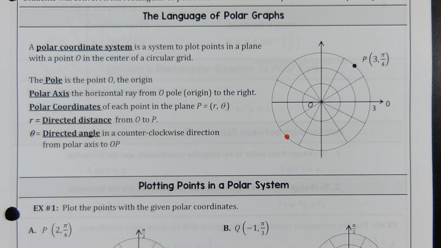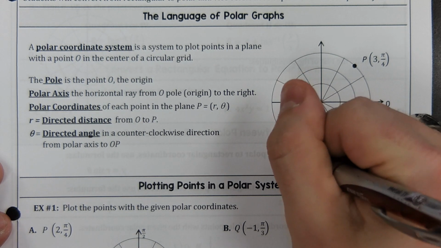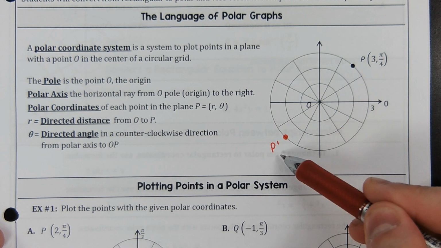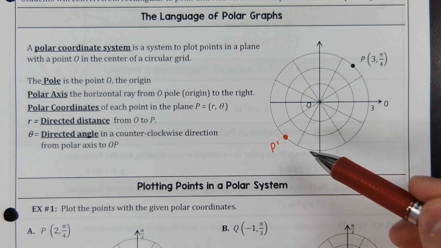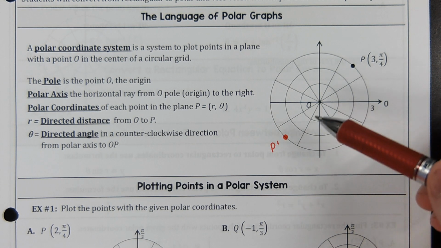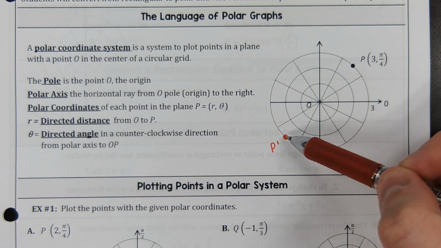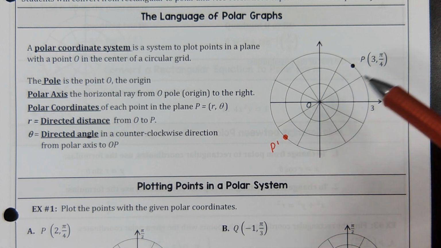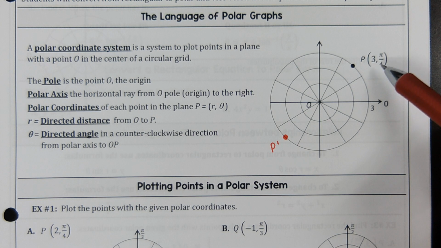Now I could call this P prime or something like that if I wanted to. I'm not going to make you do that. It just means it's not point P. It's a reflection of point P, literally across the straight line. And the reason why I like to see this thing is because this shows me where all of the negative radius versions of this coordinate are.